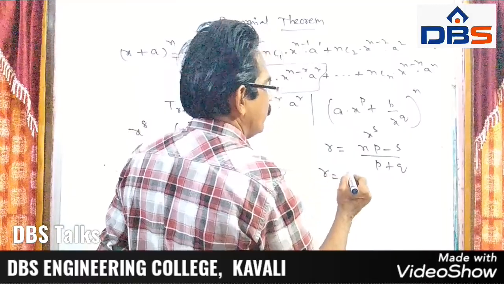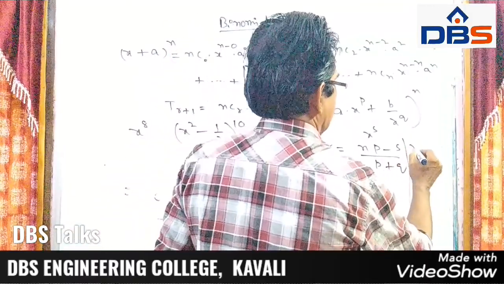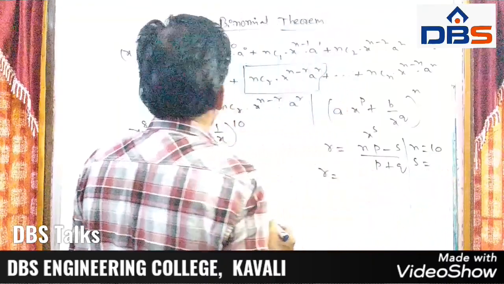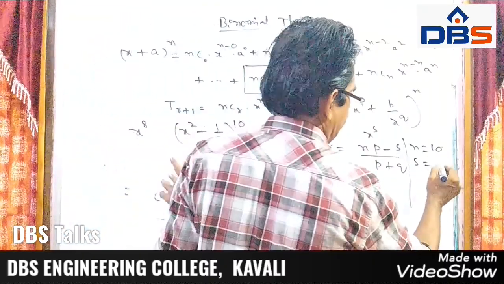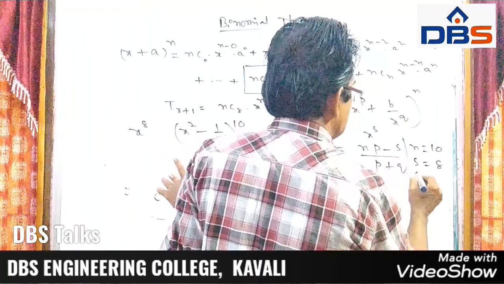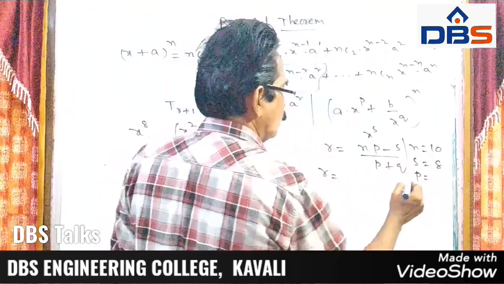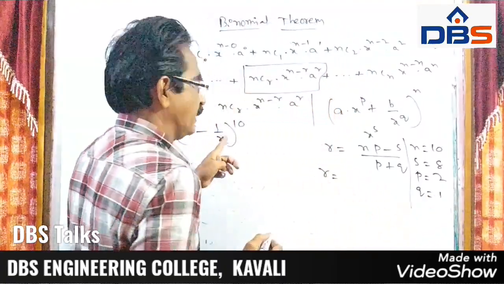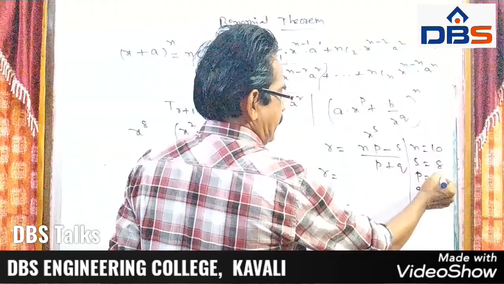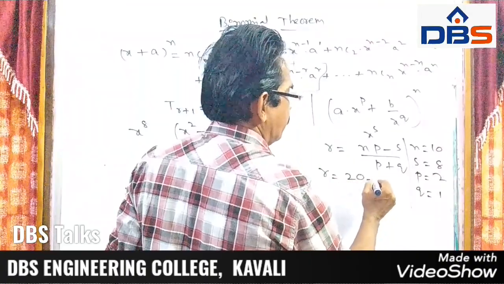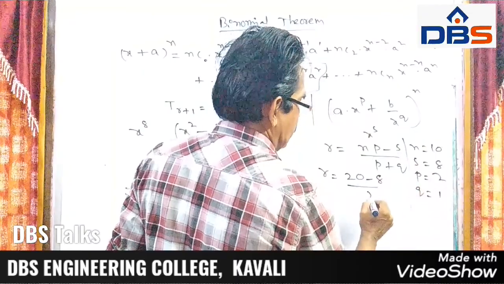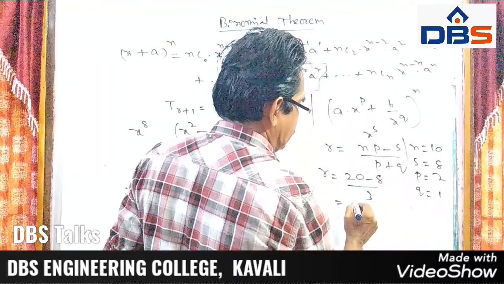R is equal to Np minus s by p plus q. N is equal to 10. S is equal to 8, we want the coefficient of x power 8. P is equal to 2 and Q is equal to 1. Np is 20, minus s 8, that is 12, by p plus q 3, which is 4.